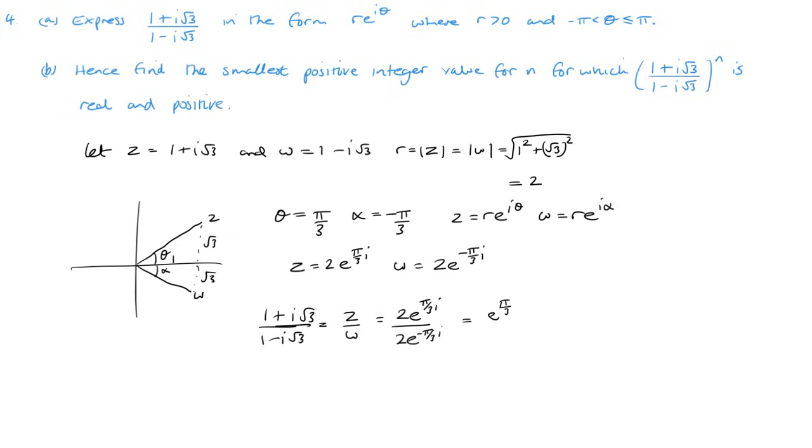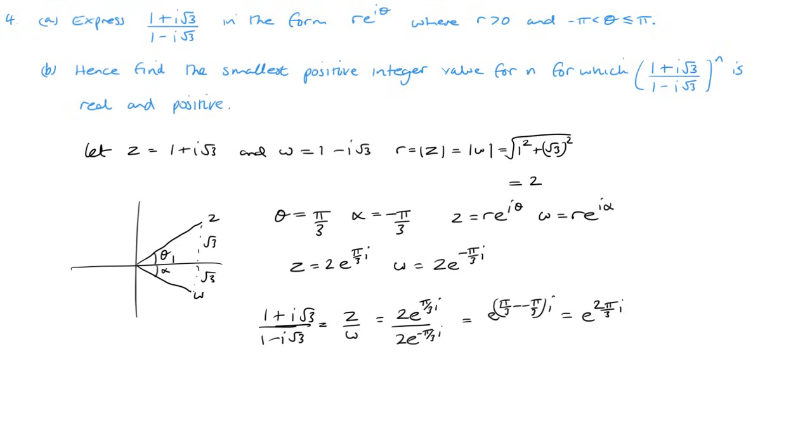So pi by 3 minus minus pi by 3 gives e to the 2 pi by 3i. And there we have expressed this in the form re to the i theta.